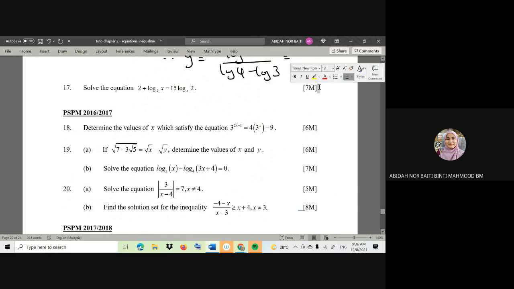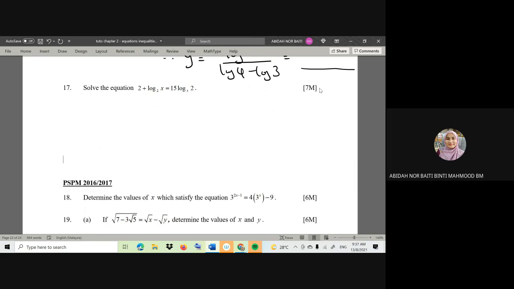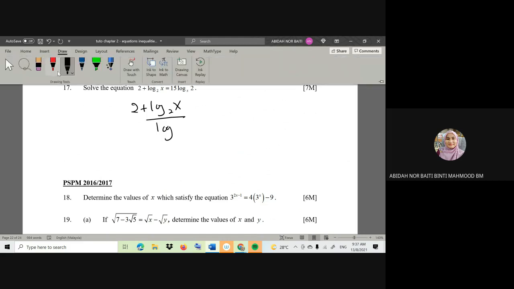Just change base. Number 17 is change base. Change to base what? Change base log, base 2. Change to base 2. Log x base 2 over, this is already base 2, I made a mistake.